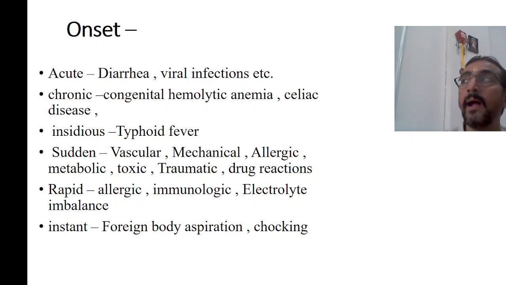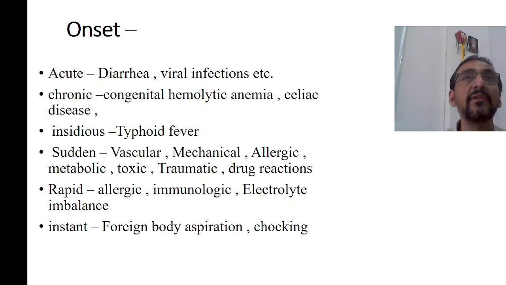Sudden onset may be seen in some of the vascular conditions. Paralysis, we know that because of thrombosis, embolism, rupture of the vessels, it is always a sudden onset. We have already discussed the 6 factors which have sudden onset: if the cause is vascular, mechanical, allergic, metabolic, toxic, traumatic, or drug reaction.